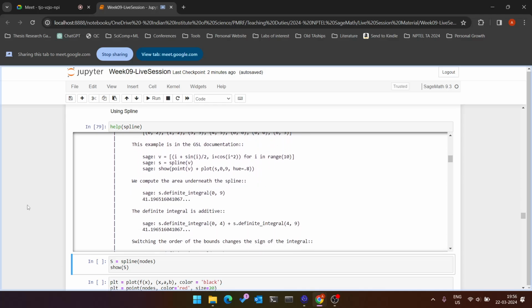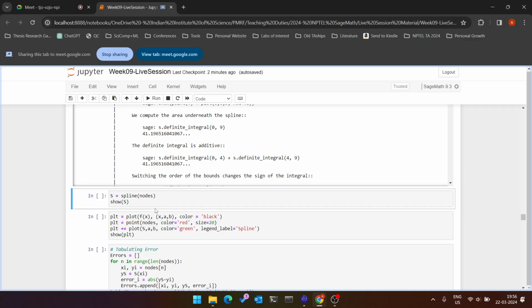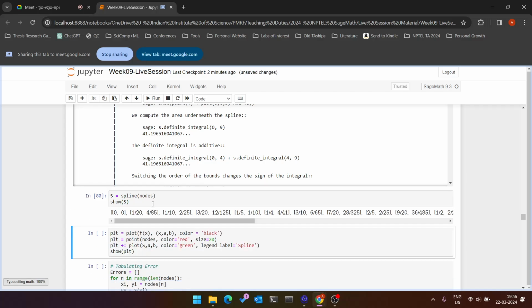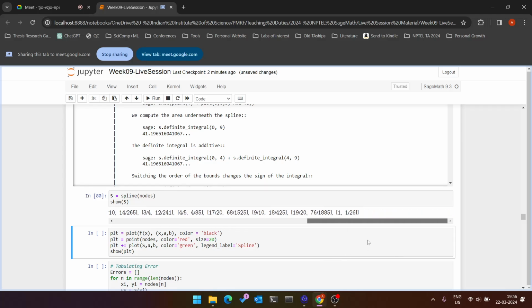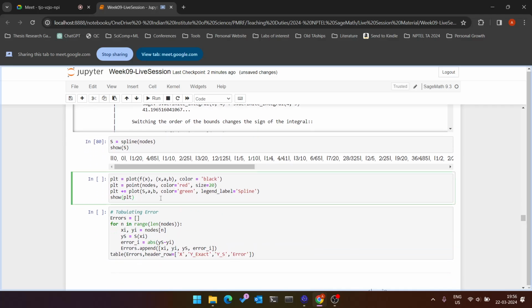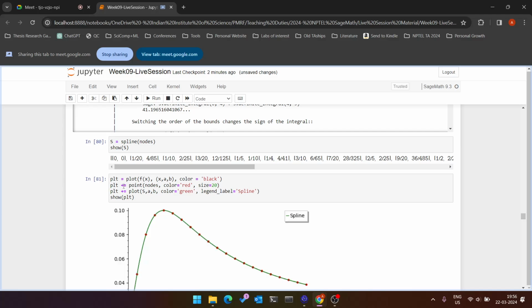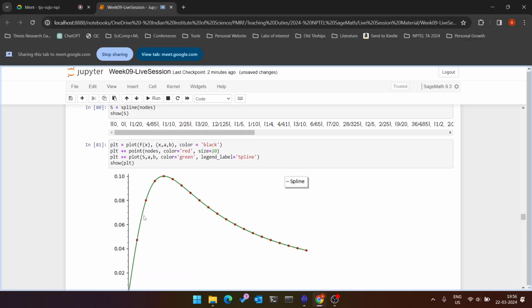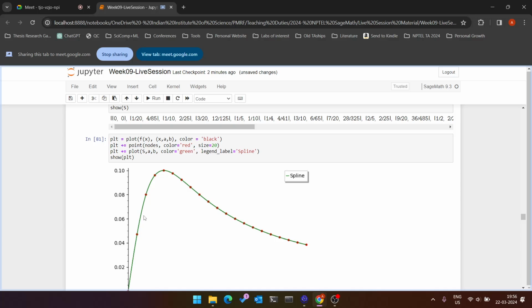Okay, and what this does, if I calculate my spline, it just creates this array object. And now if I want to plot the spline as well as my points and the function, I'll be running this and see that once again spline overlaps with the function f of x.